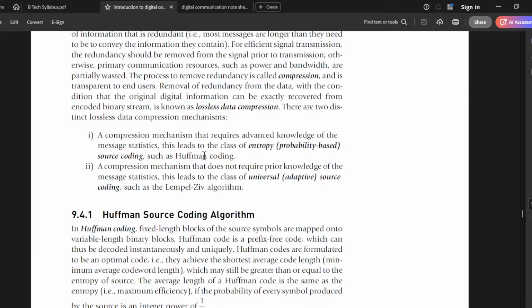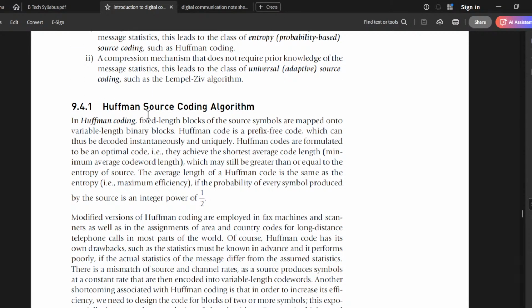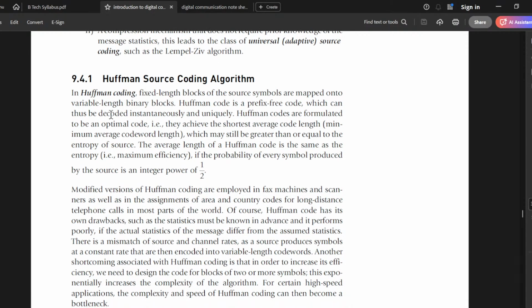So we have Huffman coding, entropy or probability-based. In the Huffman coding algorithm, fixed length blocks of the source symbols are mapped onto variable length binary blocks.